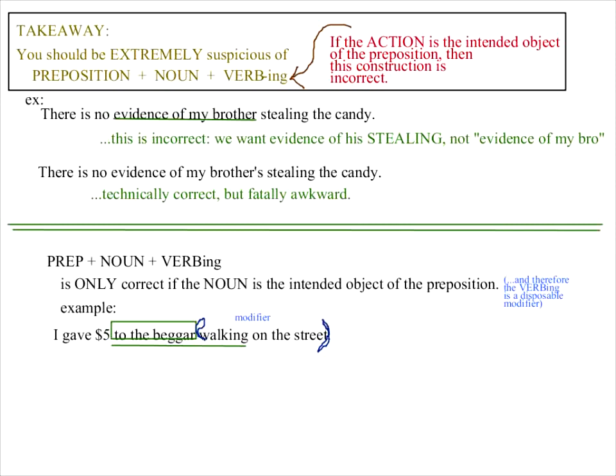But if the verb-ing is an actually necessary part of this prepositional phrase, then it's wrong. So especially if it's "of" plus noun plus verb-ing, I've never seen a context in which that is actually correct.